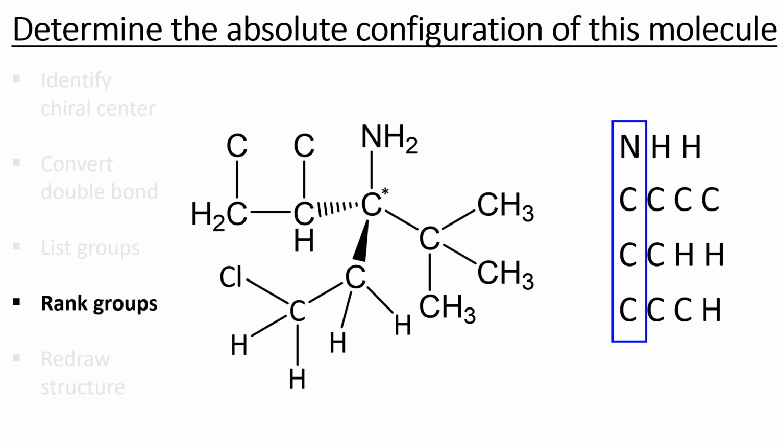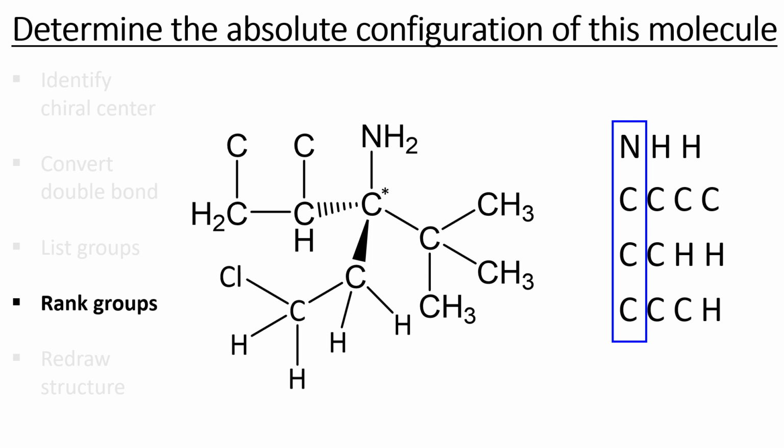The atom with the second highest atomic number will get priority number 2. The atom with the third highest atomic number will get priority number 3. And the atom with the lowest atomic number will get priority number 4. If the first atoms are the same, we will go to the second atom and keep going until there is a difference.